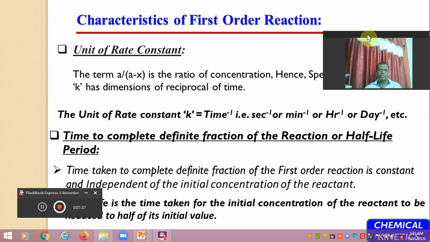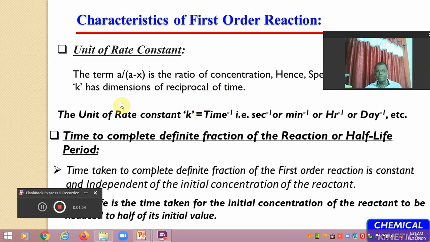It includes characteristics like the unit of the rate constant of first order reaction, the half-life period of the first order reaction, and the graphical representation, which is very important to predict the first order reaction of a chemical reaction.